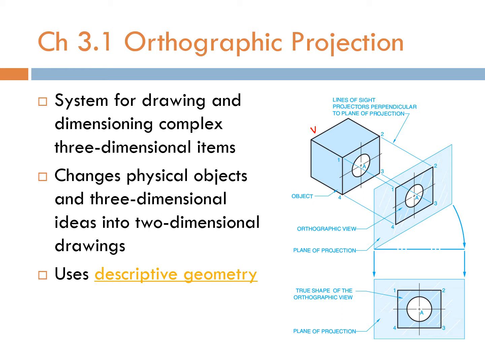This is called the orthographic view because each view is perpendicular to the others. When you do this kind of projection, the plane is what we call the plane of projection, and the view is what we call the orthographic view. So these are some terminology that you have to remember.